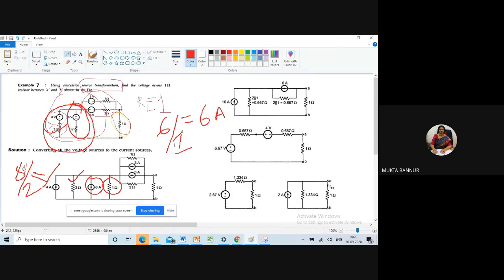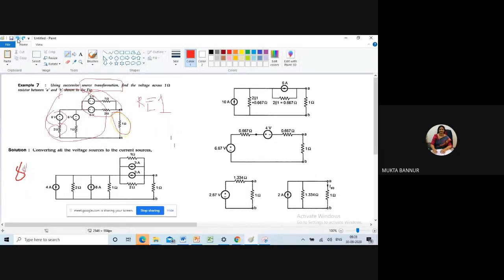This current source and this current source are acting in the same direction, and whatever resistances were there in series with the voltage sources have been replaced by a series parallel resistance, and similarly this resistance was there with the voltage source. This is connected across a 6 ampere current source.